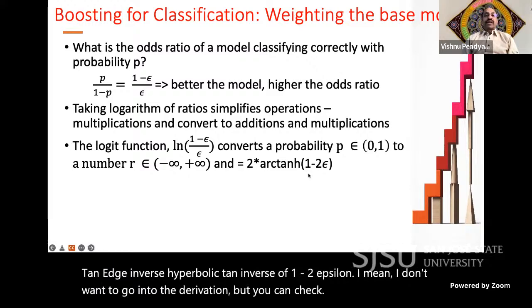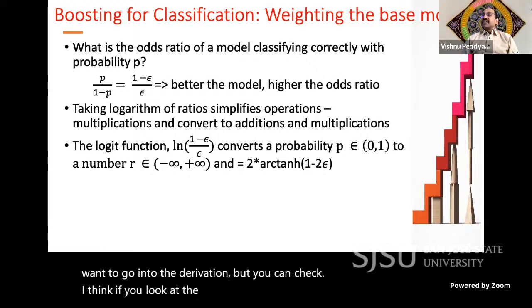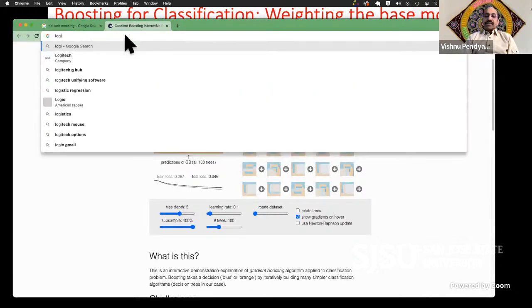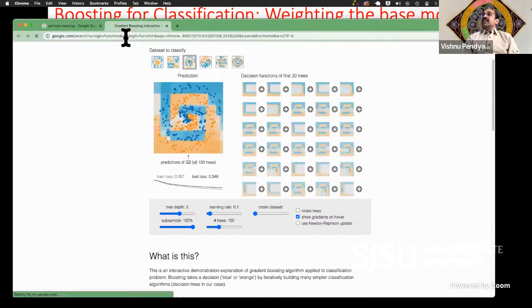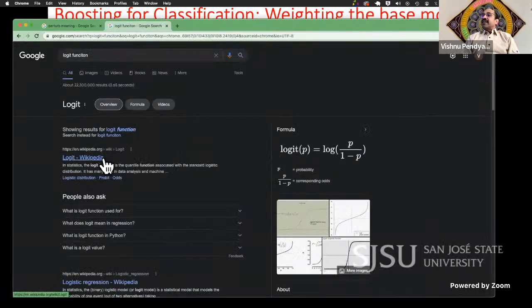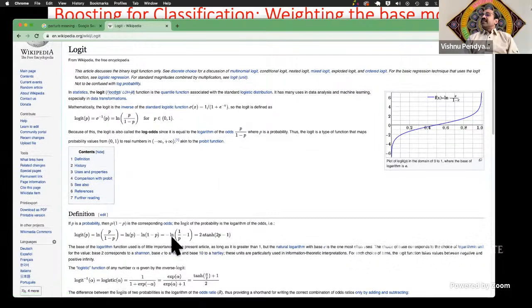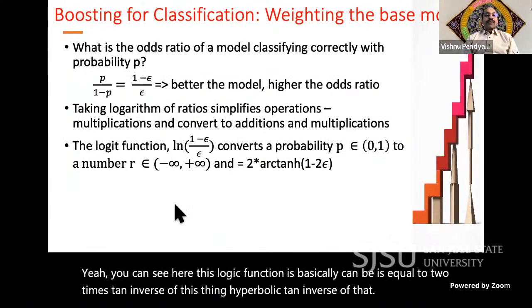If you look at Wikipedia for the logit function, you can see here, this logit function is equal to 2 times hyperbolic tan inverse of that quantity.